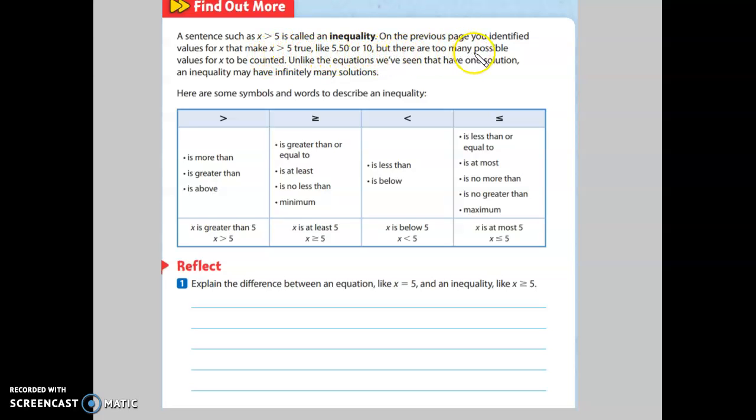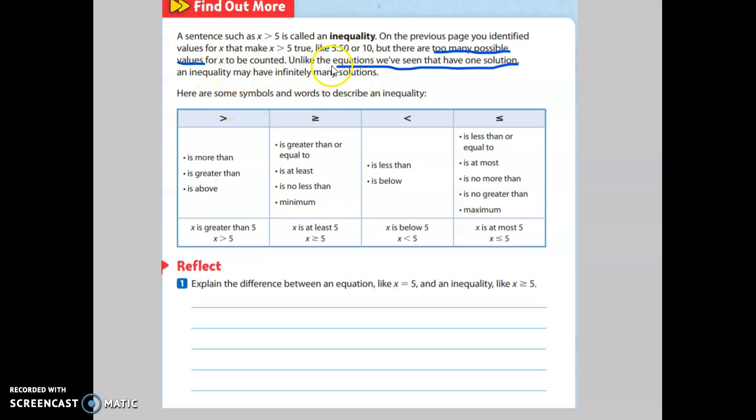But there are too many possible values for X to be counted. Unlike the equations we've seen that have one solution, so equations only have one solution. Inequalities have many possible values. This is how they're different from each other. An inequality may have indefinitely many solutions.